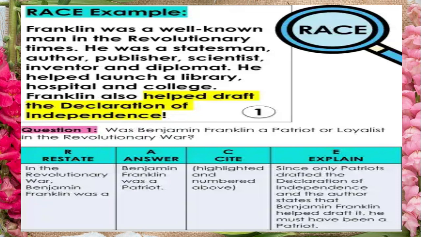RACE: restate, answer, cite, explain. In order to cite, highlight the information and remember the page number and the paragraph number because that will come in handy when you are citing your information.